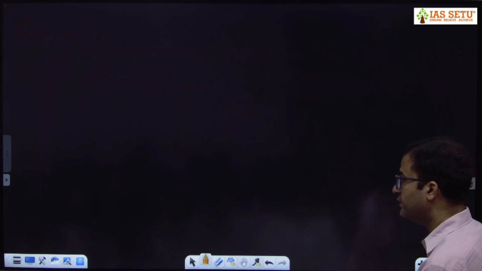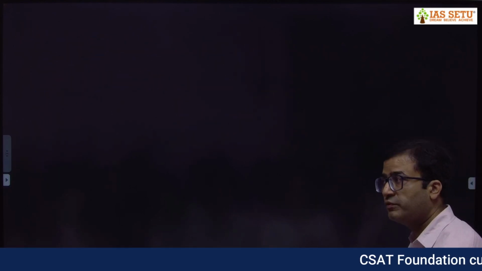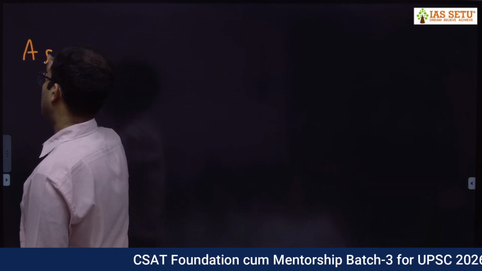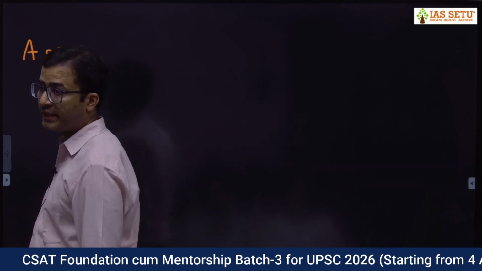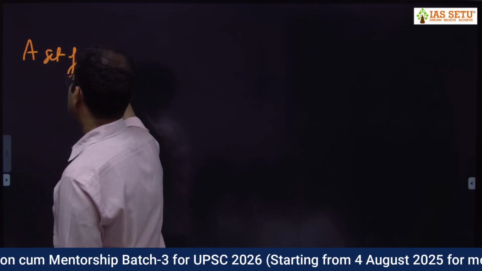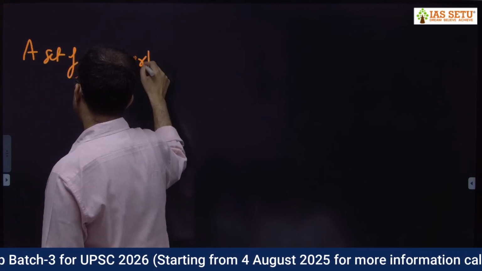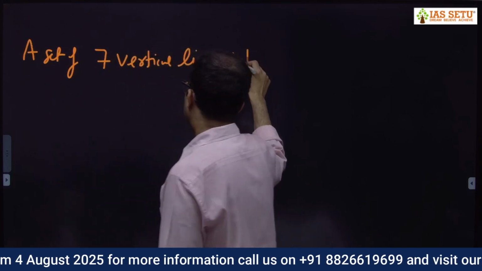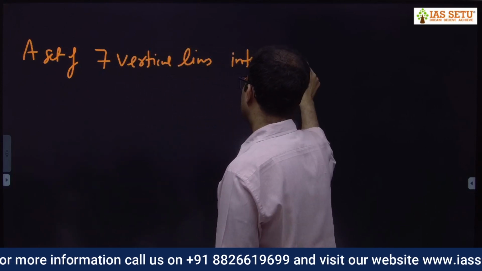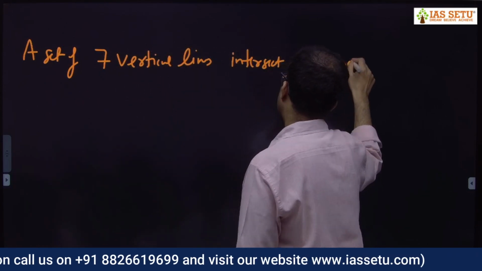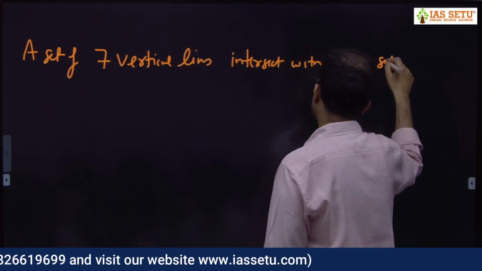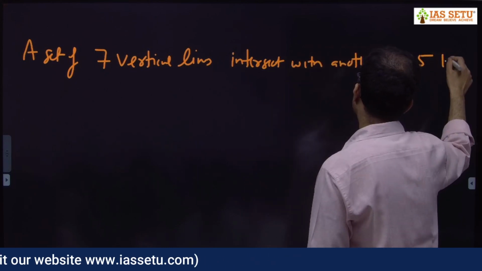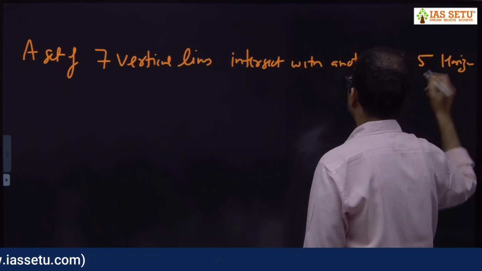One more question, then I take parallelogram with rhombus. A set of 7 vertical lines intersects with another set of 5 horizontal lines.